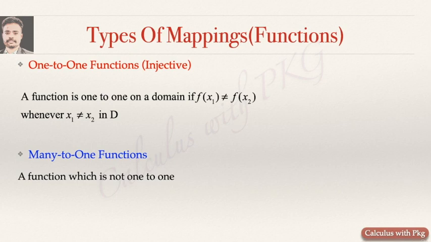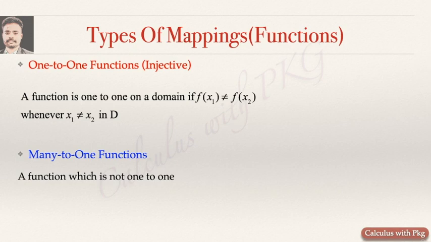Let f of x be a function defined within a domain D and is one-to-one. That means for each output value of the function, which is f of x, that belongs to the codomain, there is only one input value, say x, assigned which is present in the domain of the function.